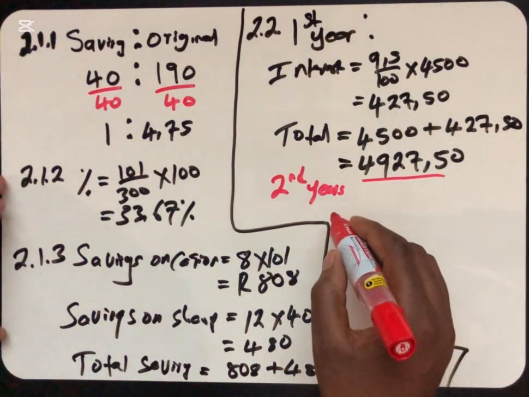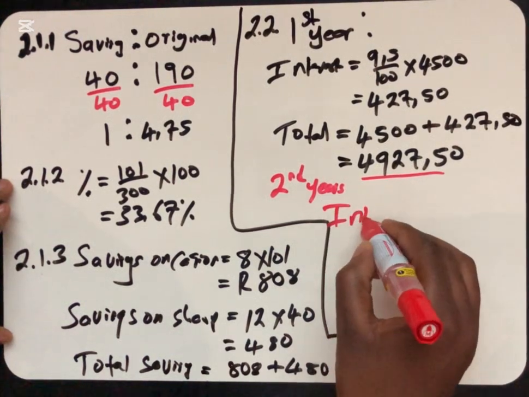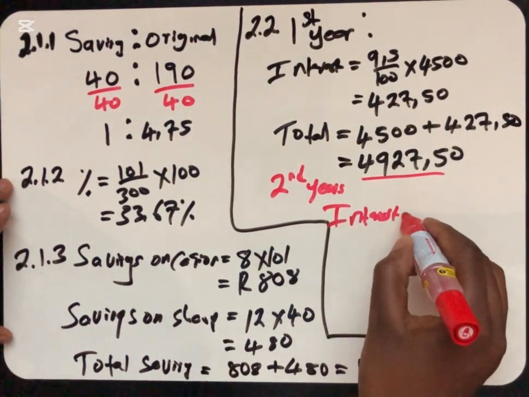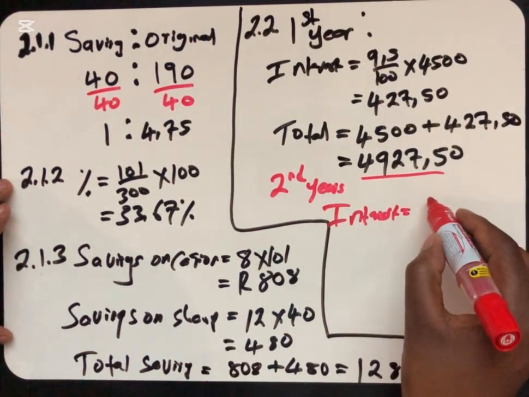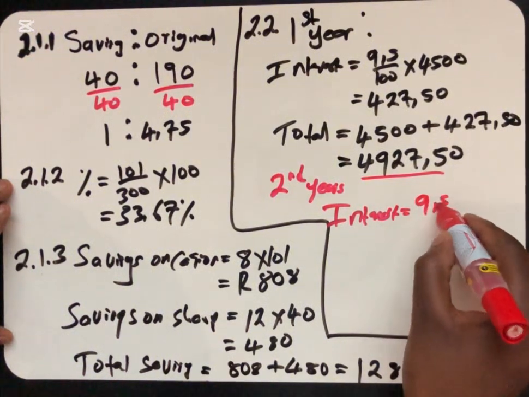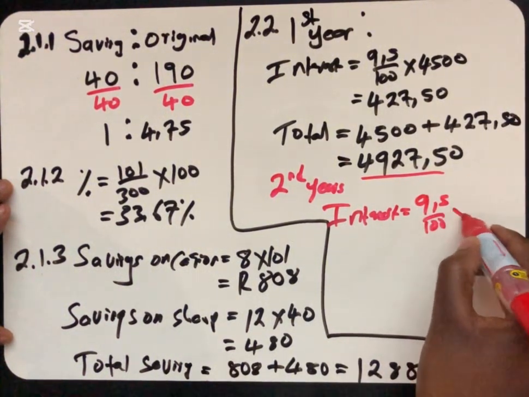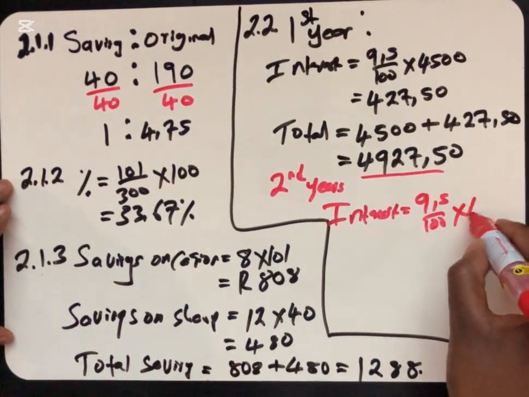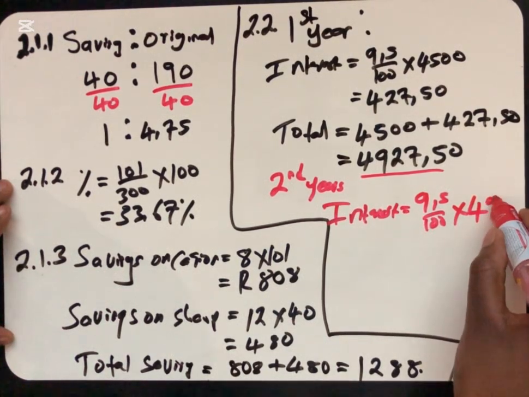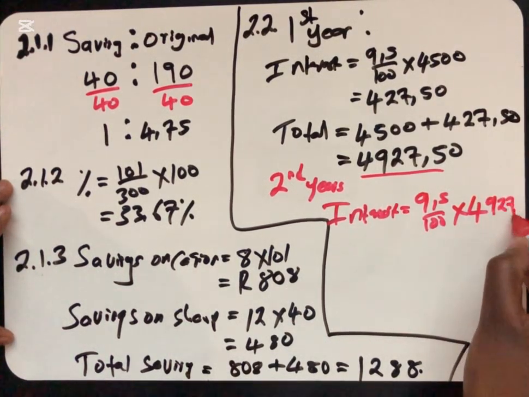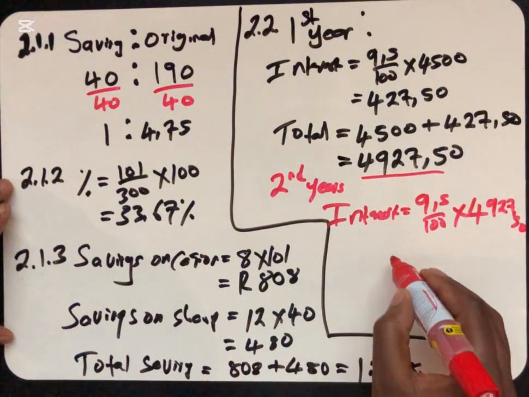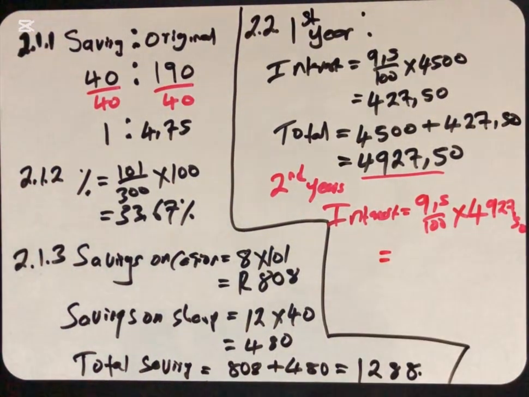So the interest for the second year is going to be, the interest rate is still the same, which is 9.5 over 100, multiplied by the accumulated amount of 4,927.50.